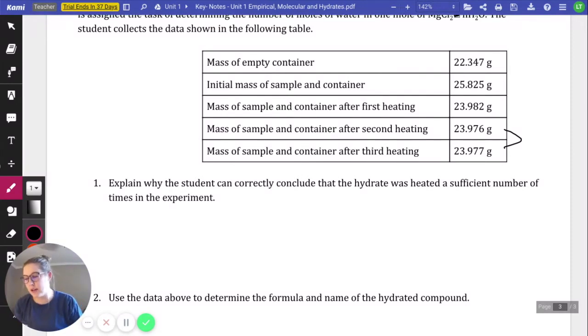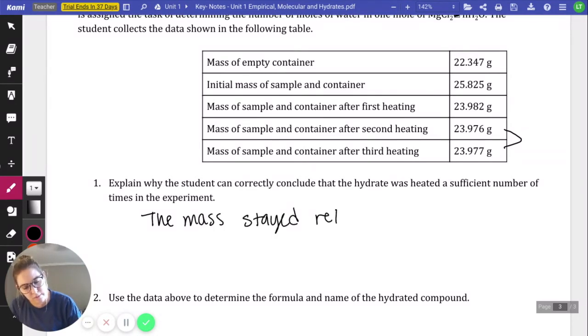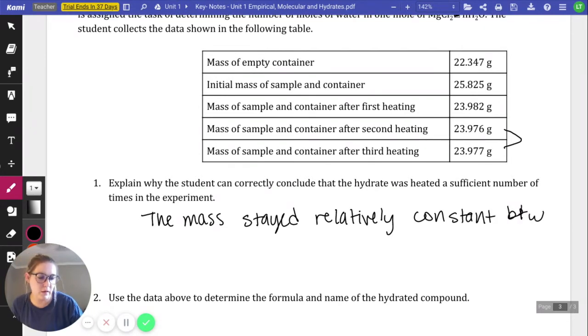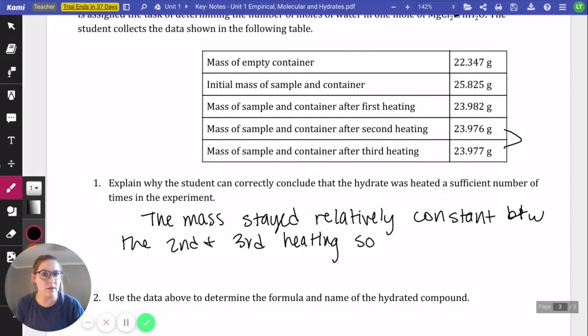So basically, the mass stayed relatively constant between the second and third heating. So they probably evaporated all of the water.